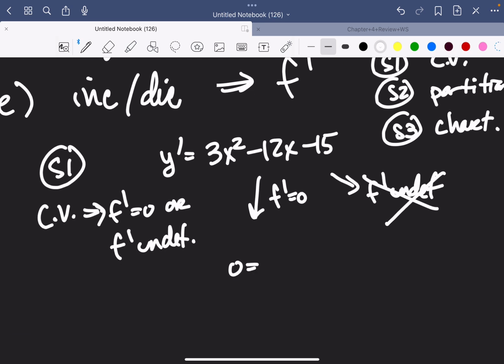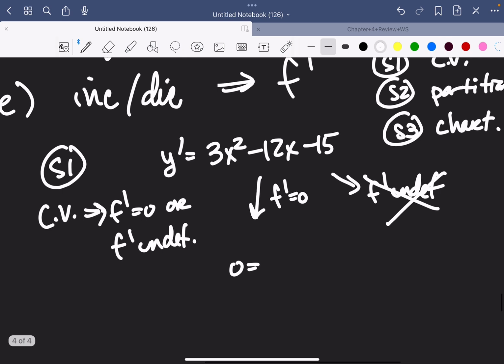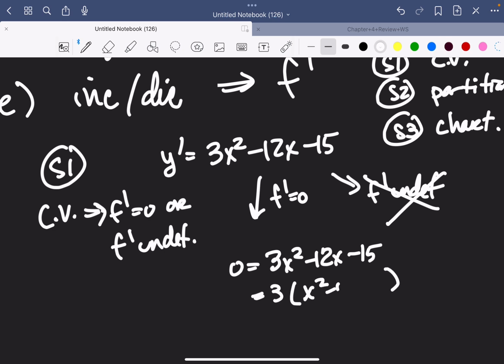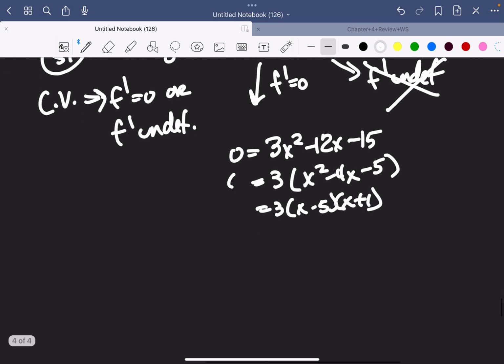Well, you'd have 0 is equal to our 3x squared minus 12x minus 15. If you pull out a 3, you're going to get x squared minus 4x minus 5. And so you're going to get x minus 5, x plus 1. So we need to be able to factor things like that.